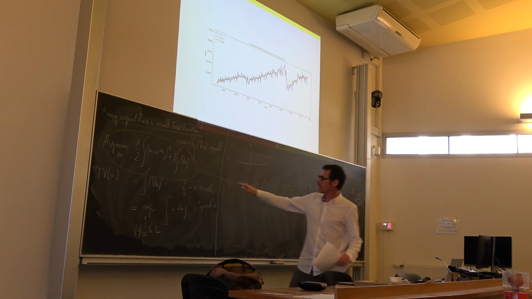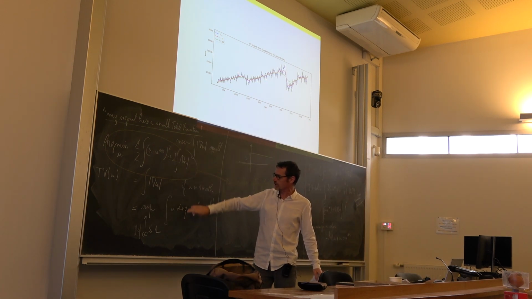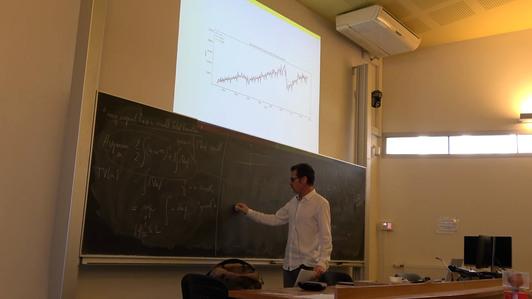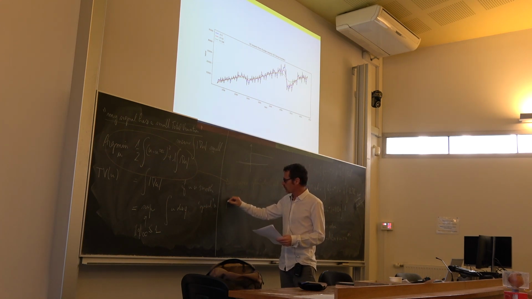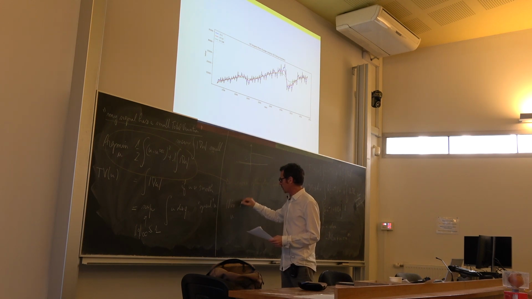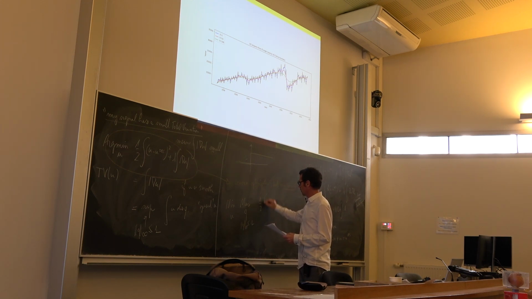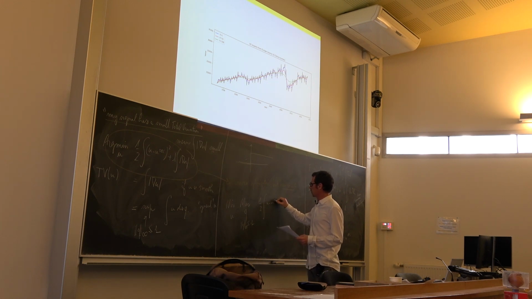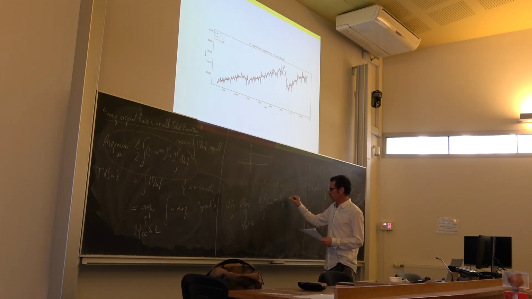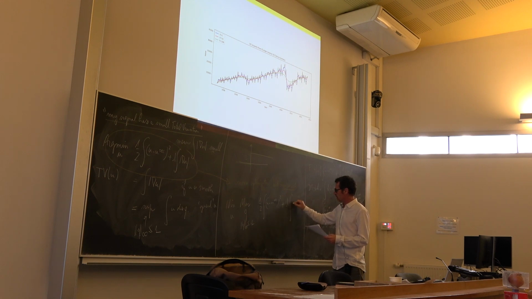So, in fact, if you replace the total variation by this, we have a min-max problem. We want to minimize with respect to u and maximize with respect to q, such that the norm of q is less than 1, 1/2 of the L2 norm of u minus the data, plus lambda times the integral of u multiplied by div q.